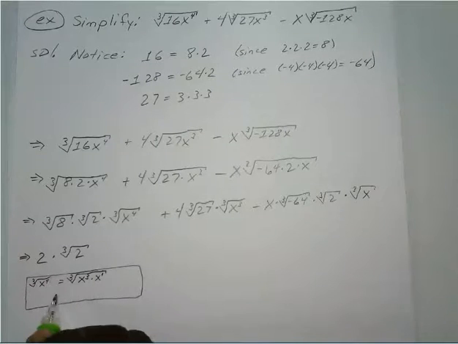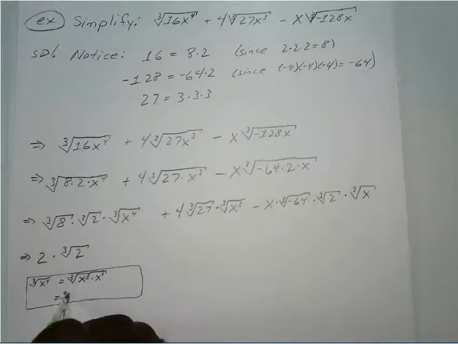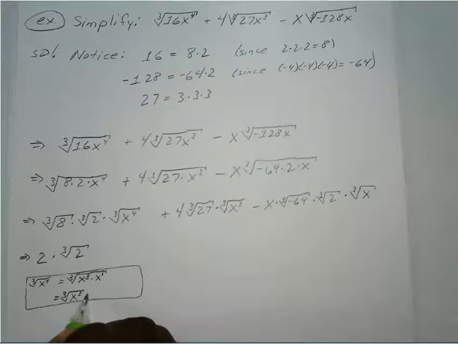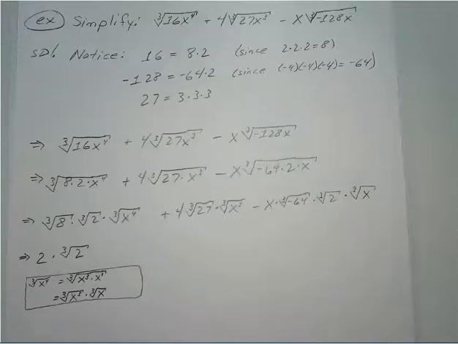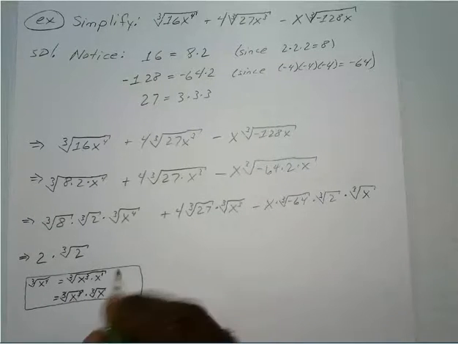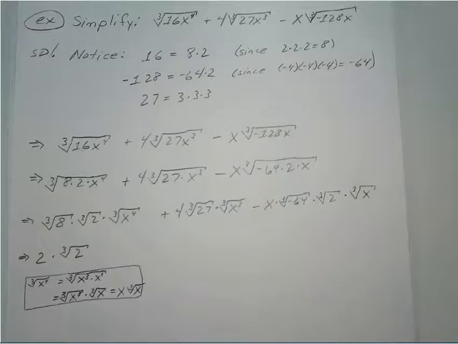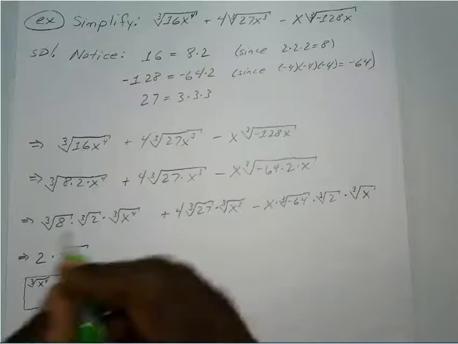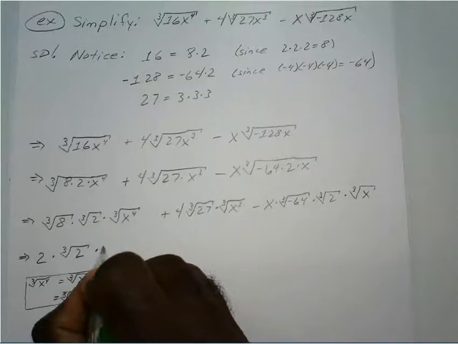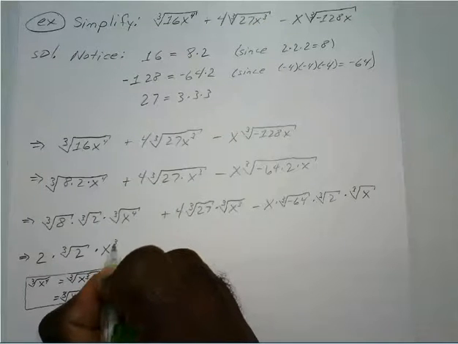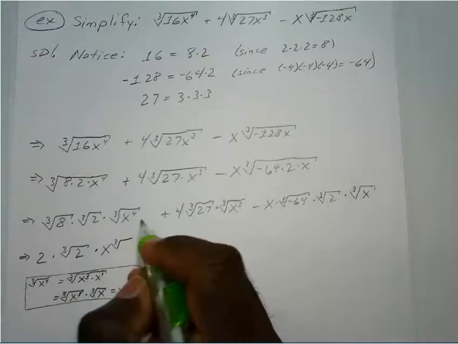If we separate these two, we have the cube root of x to the third power times the cube root of x. Now, if you remember, when the exponent and index are the same, they cancel each other out. So this is just x times the cube root of x.